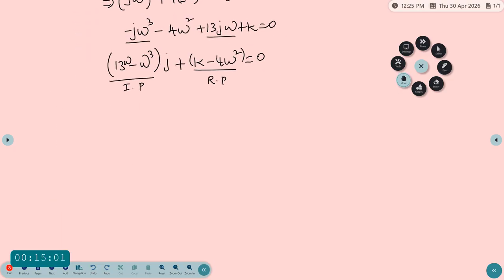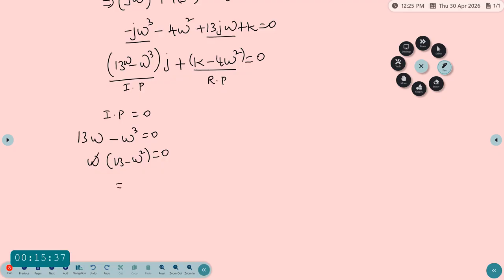We know if we have an expression like this, we can separately equate each part to 0. If we equate the imaginary part to 0, we have 13 omega minus omega cube equal to 0. Taking omega outside, 13 minus omega square equal to 0. Since 0 is on the right-hand side, we can cancel this omega.